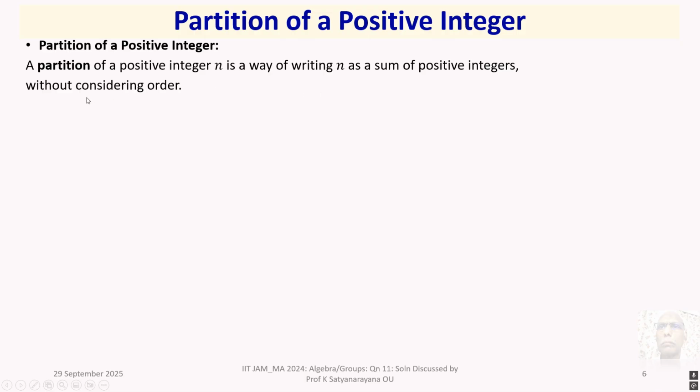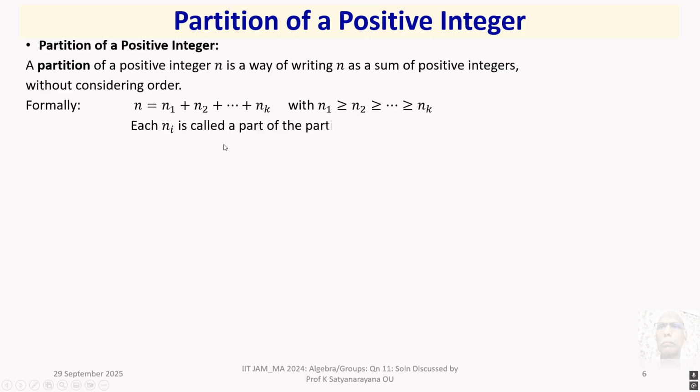Of course, without considering the order. The order is immaterial. Formally, n is equal to n1 plus n2 plus etc plus nk, with n1 greater than or equal to n2 greater than or equal to etc. greater than or equal to nk.